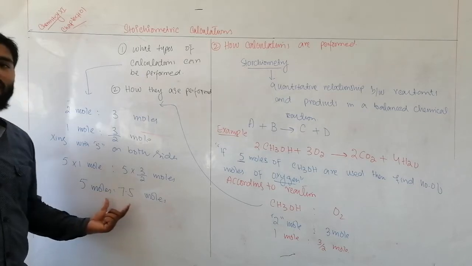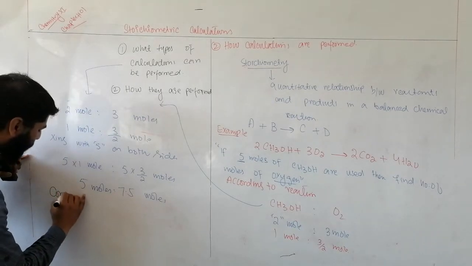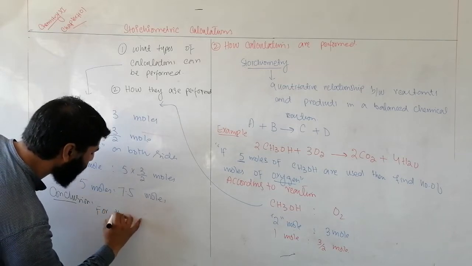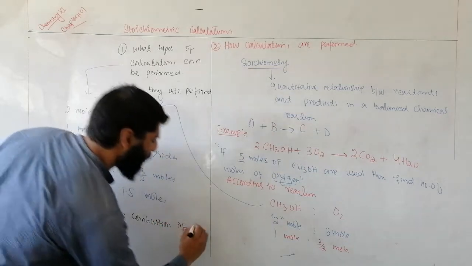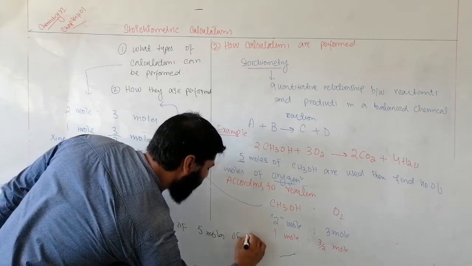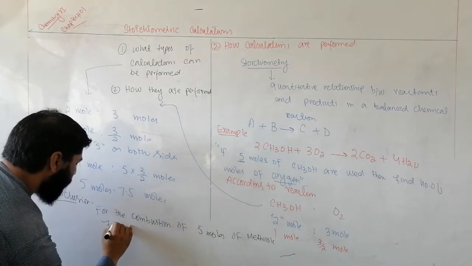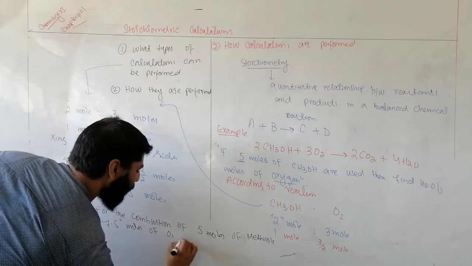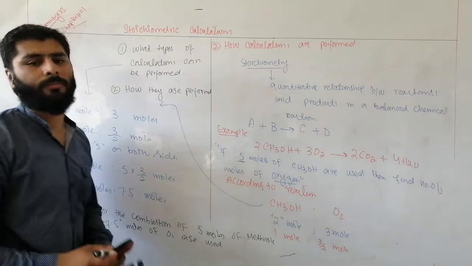So this is your conclusion that for the combustion of 5 moles of methanol, 7.5 moles of oxygen are used or will be used.